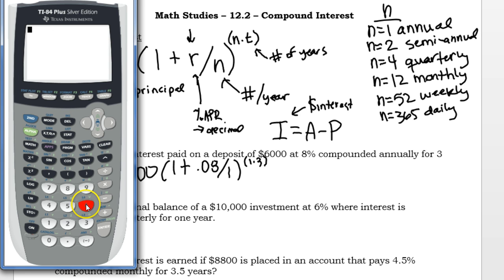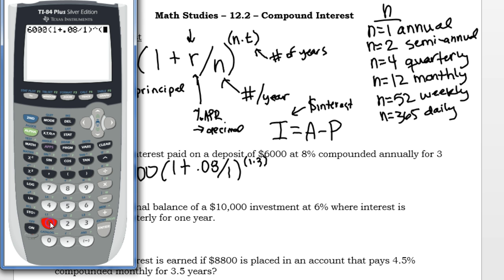So that is 6,000 times 1 plus 0.08 over 1, to the power of 1 times 3, which is 3. I can really just do the power of 3.